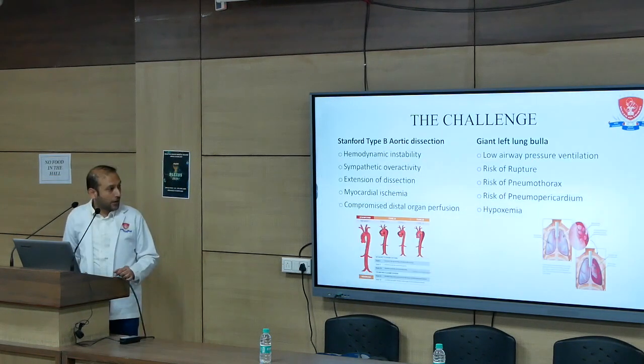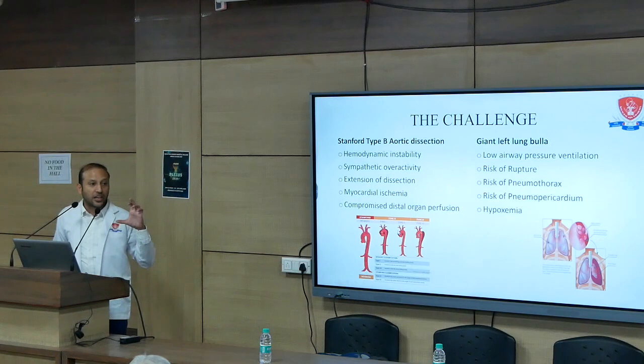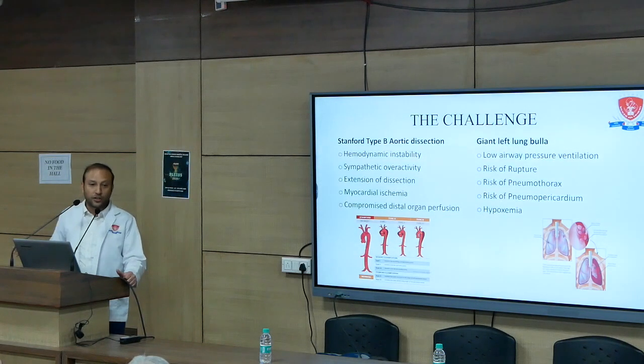Type A dissection starts from the ascending aorta, sir. So basically repairing it is taking a very small area to open up, and coronary branches are also arising from the ascending aorta, so it will be very difficult to repair with the endovascular technique.